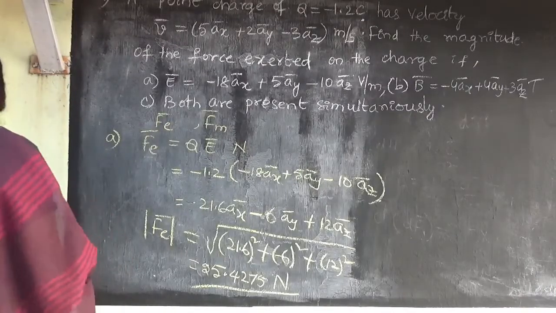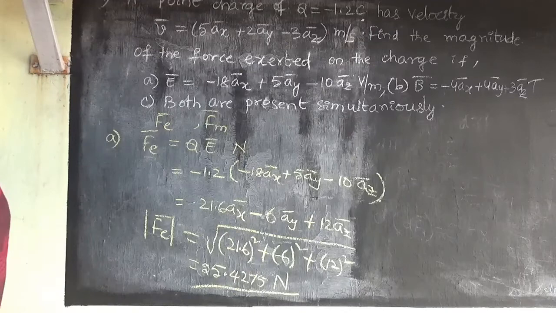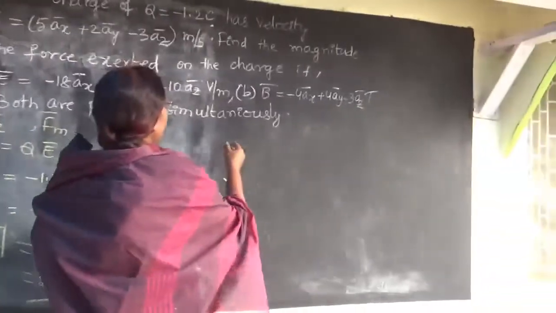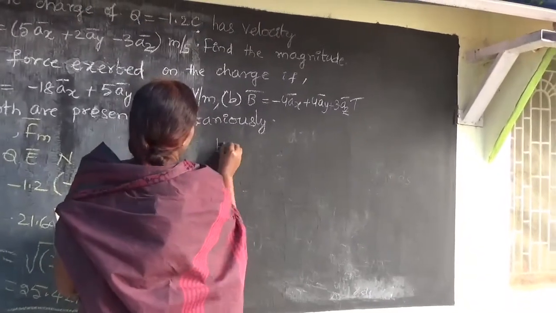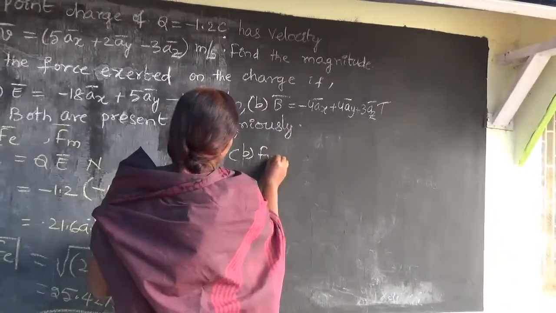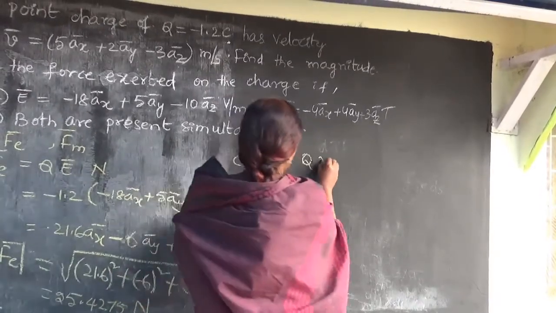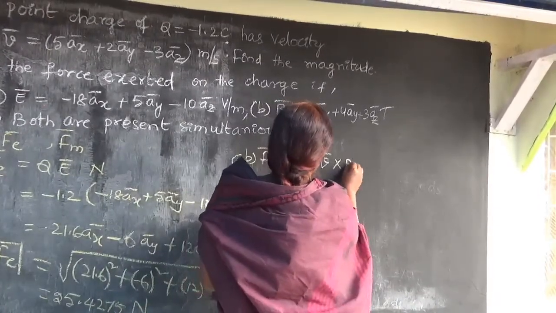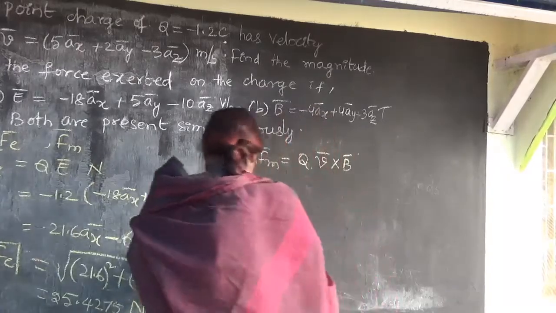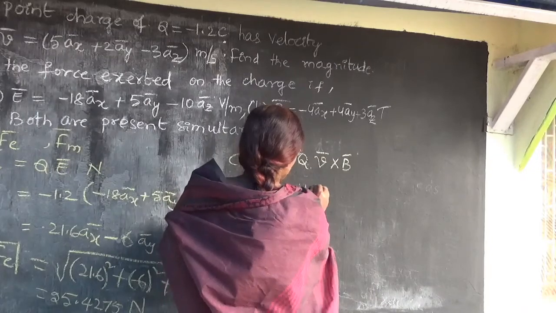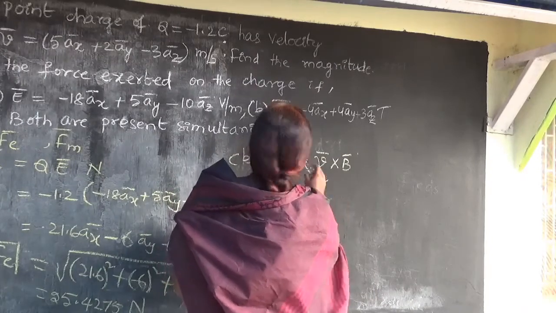And if you go for the second one, what is the second one? Fm bar. So how can you find the Fm bar? What is the formula for this? You know that Q V bar cross B bar. That is the formula, and this is going to be minus 1.2 into, what is V bar?